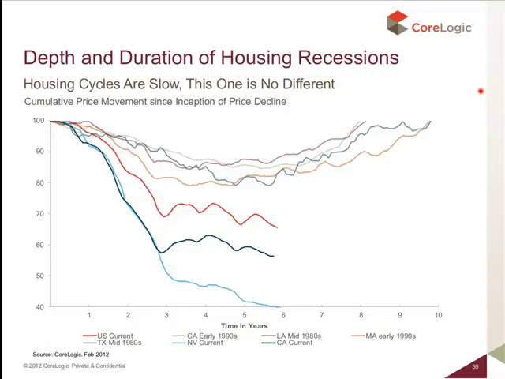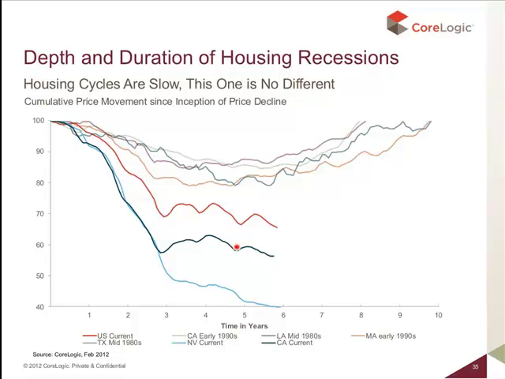And then one last slide to put all this in context. Just like in the labor markets, what's interesting is to understand the cyclicality, the timing, and the depth of the housing recessions. These are all housing recessions that were regional, because that's really all we had historically prior to the national housing recession we just had. And regional recessions would typically, from the peak of house prices indexed to 100, would remove about 20% cumulatively, anywhere from 10 to 20% depending on what recession you're in.